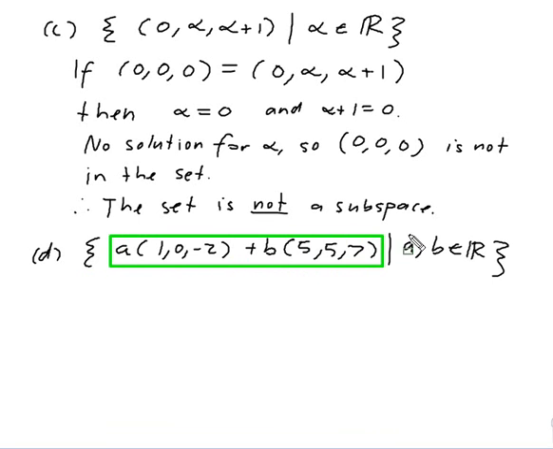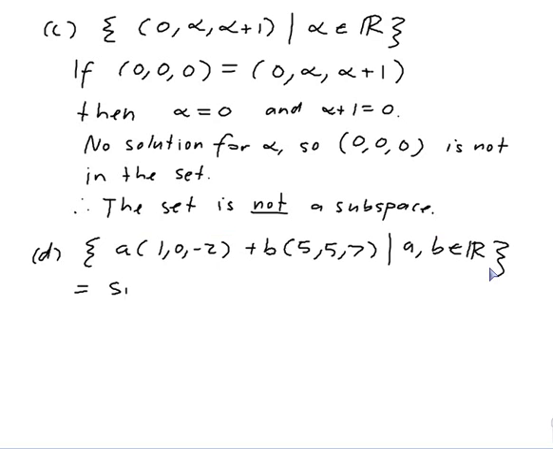And since I can choose any A and B that I like, this set is actually the set of all the linear combinations of those two vectors, which is what span is. So this is actually equal to the span of 1, 0, -2 and 5, 5, 7.